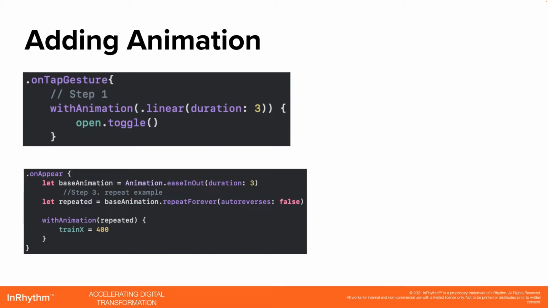The two that I use most often are associating it to a button, or in a button type scenario where you've tapped on something and we're going to trigger a state change. When that state changes, whatever state's changing, we want that state to be animated. The other one is we want the animation to start when the view appears, and then depending on the scenario, either run once or twice and then turn off, or repeat until we change some state on the view.